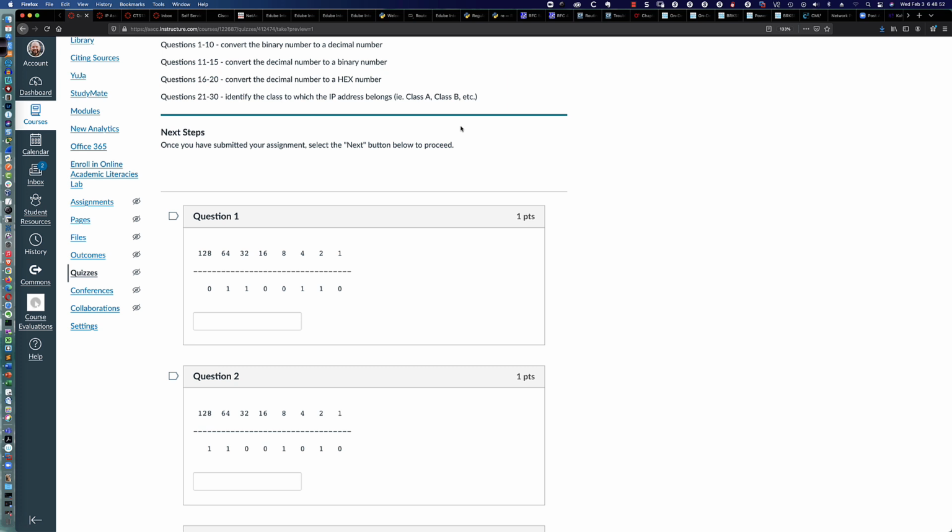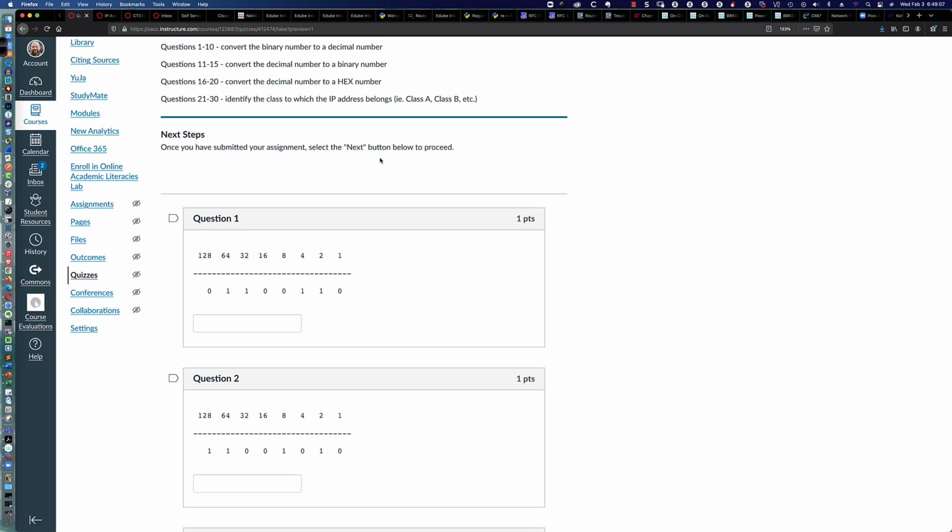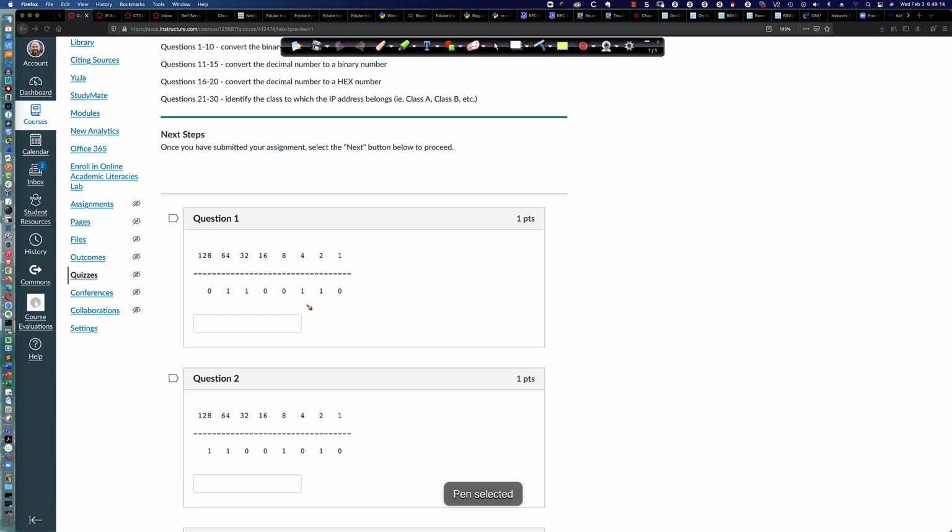Now, one of the first things that we need to talk about when we're talking about binary is that we're going to be dealing with bits. That's B-I-T, and that stands for binary digit. Now, each binary digit has one of 2 values. It is either on, meaning the value is a 1, and therefore the bit position that the bit is in, in terms of its decimal value, would be added into our overall value.